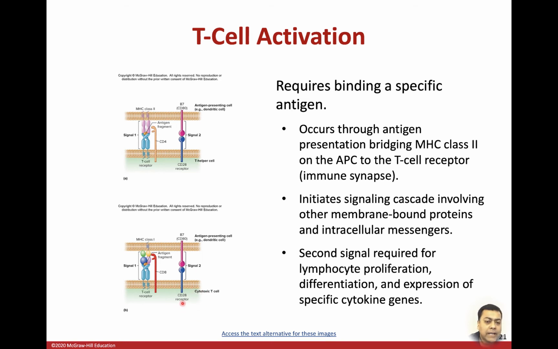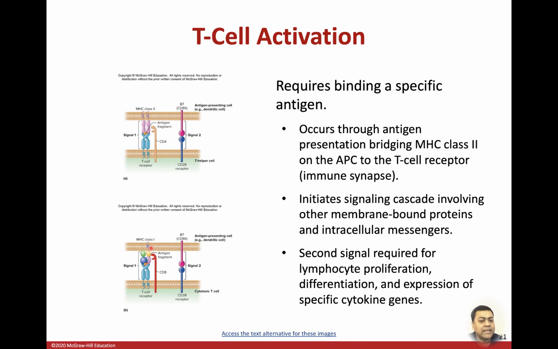So what is the difference? You can easily see that even if you have an MHC class 2, which will activate downstream differentiation and expression of the specific cytokine genes, this B7 or CD80 is not present. Make sure that you understand clearly. This B7 or CD80 is not present in the normal cells.